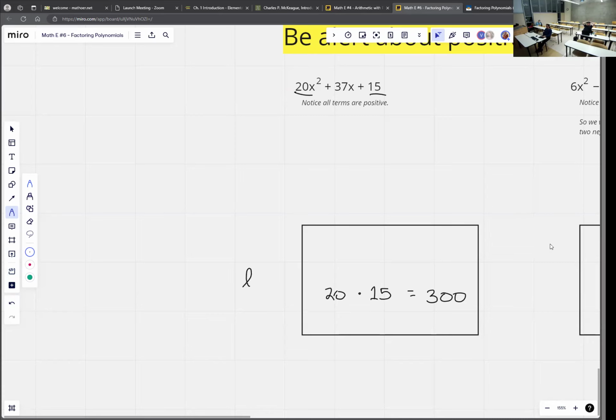So I get 300. So I'm looking for a length and a width that when I multiply them together, I get 300. Everyone okay with that? Yeah. And when I add the 2 sides, then I get that middle number.